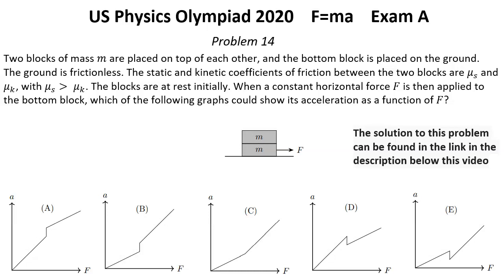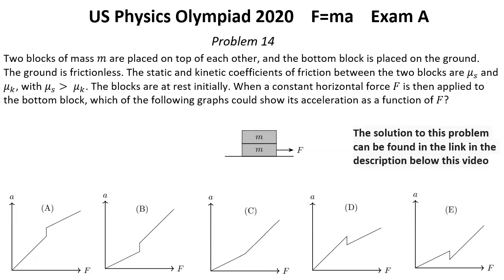The blocks are at rest initially. When a constant horizontal force F is then applied to the bottom block, which of the following graphs could show its acceleration as a function of force F? Solution for problem number 14.